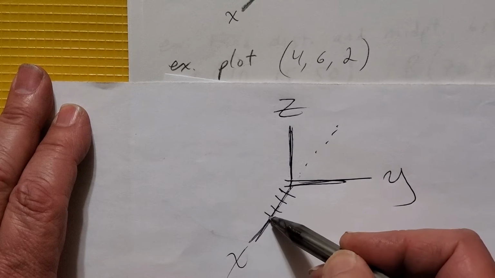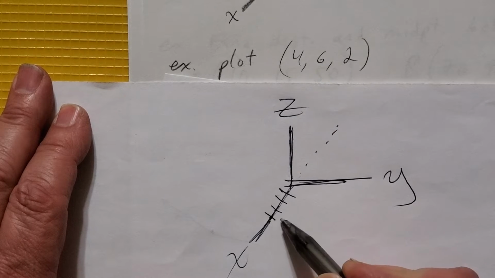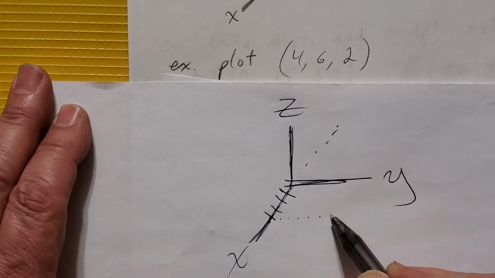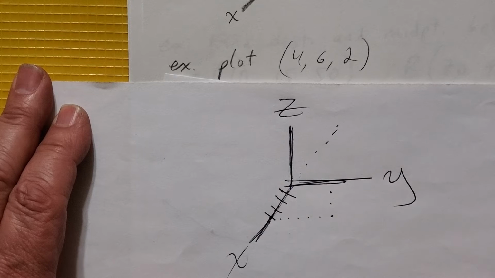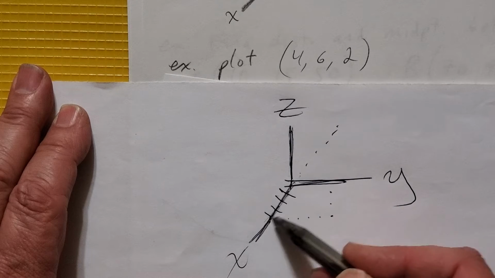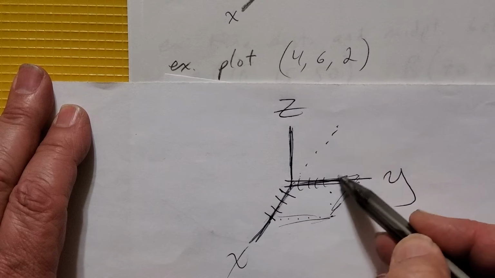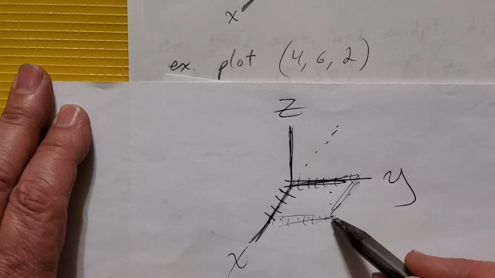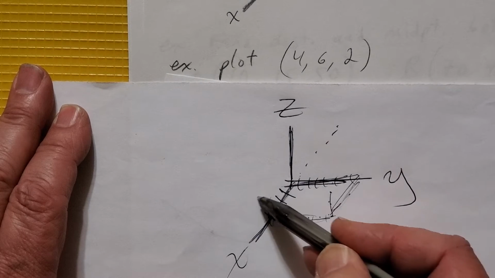Then 6 across. So now we go from here, 1, 2, 3, 4, 5, 6 across. And then we go 2 up. 1, 2. So here's the bottom, 1, 2, 3, 4, 5, 6. That's the bottom. And then we went up 2. 1, 2.